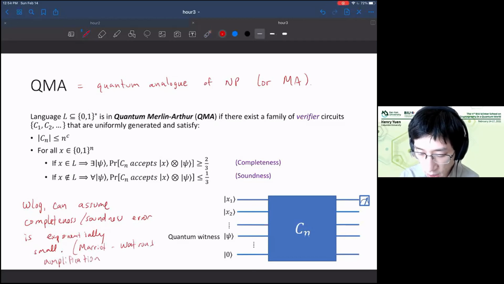So you can actually amplify without increasing the proof size, which is very cool. This is something that's used later in the course, in the zero knowledge application. But it's something cool to keep in mind.